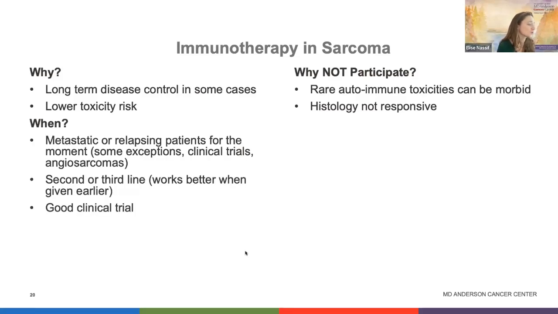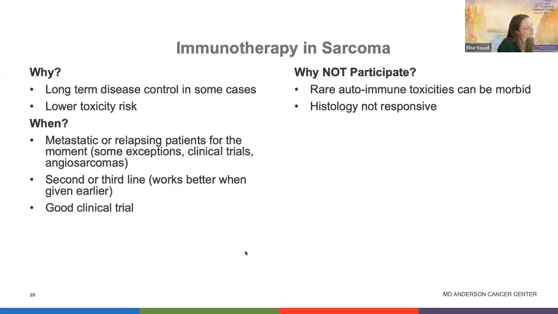So when you should do immunotherapy, for now, the standard of care is in the metastatic, relapsed, advanced setting, mostly after failure of the first chemotherapy line, so in the second or third line. There are some exceptions to this rule, and angiosarcoma patients can get immunotherapy in the earlier setting, in the first line, and we often do it.